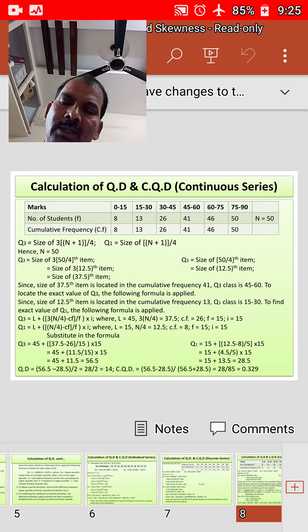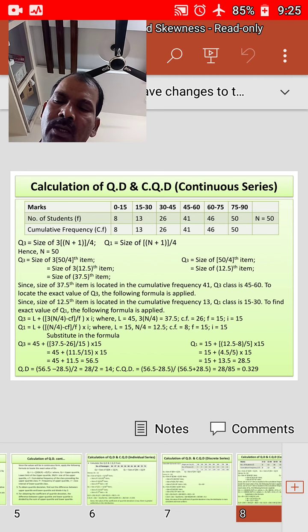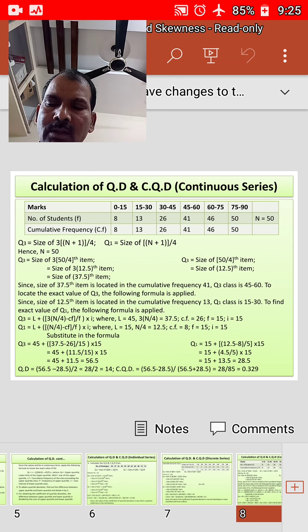Substituting these values in the formula, Q3 is equal to 45 plus 37.5 minus 26 by 15 into 15. That is 45 plus 11.5 by 15 into 15.